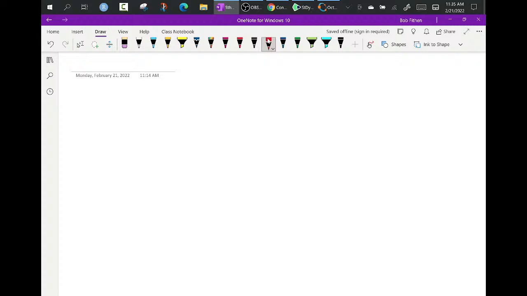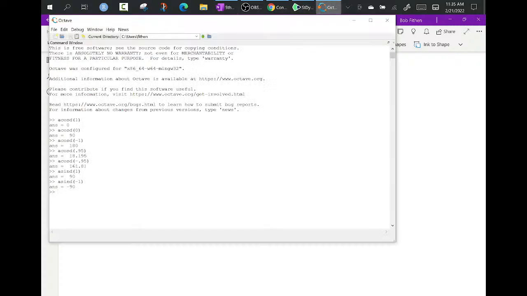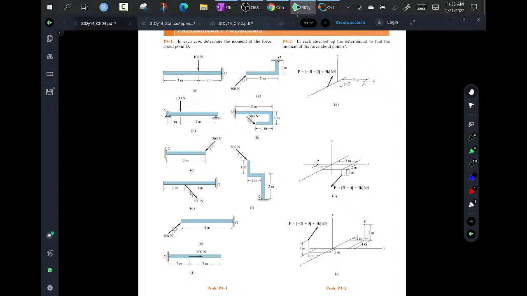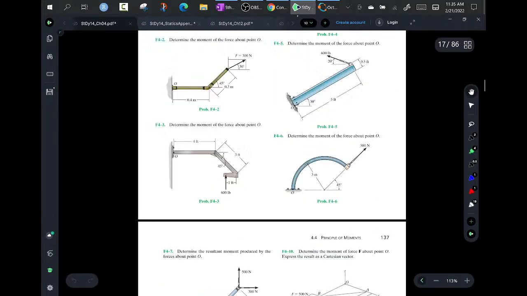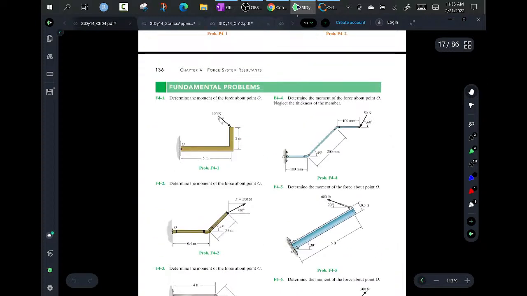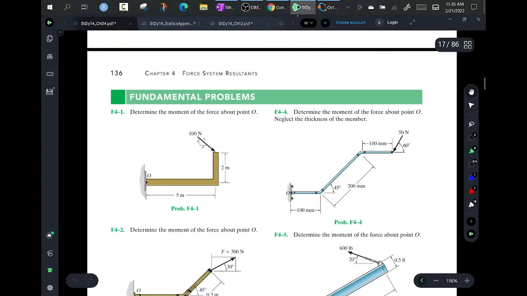So I'm going to do something interesting, and maybe I should just pick that same problem. Okay, let me see if I can find where it was. It wasn't the preliminary because I don't like those. It was this one. I hate to keep picking on that one, so maybe I should pick on another one.